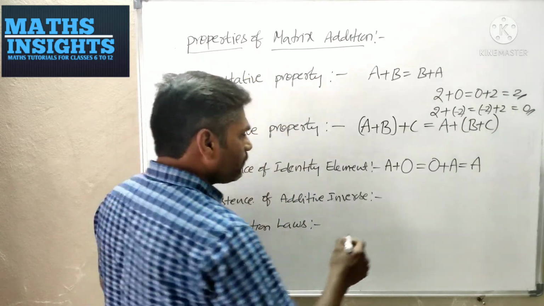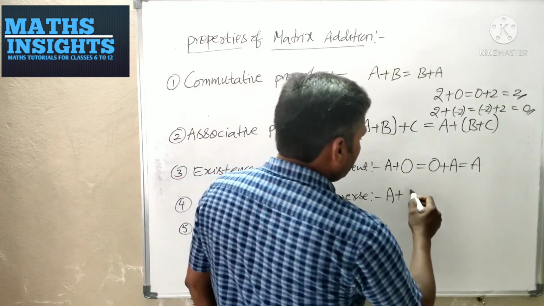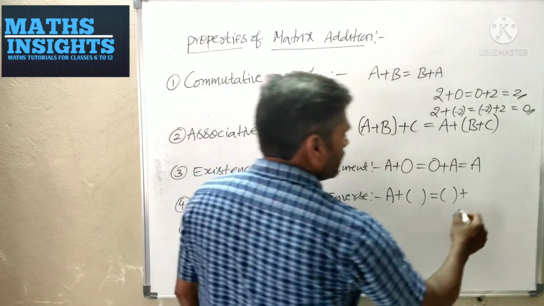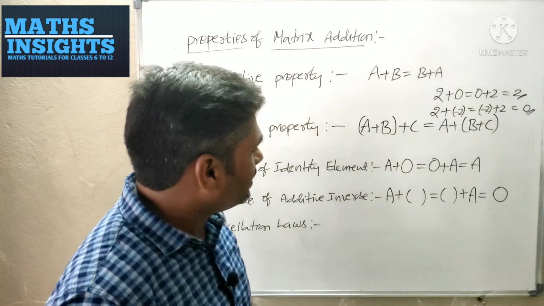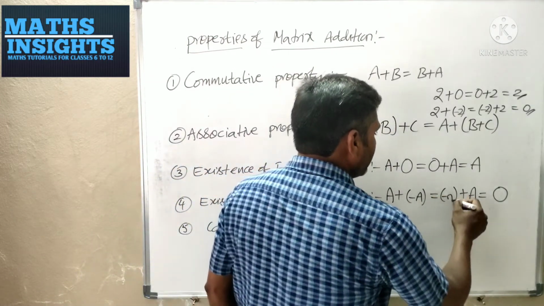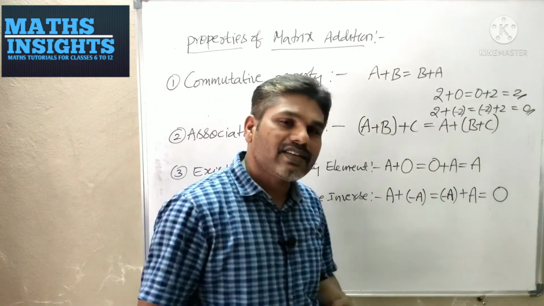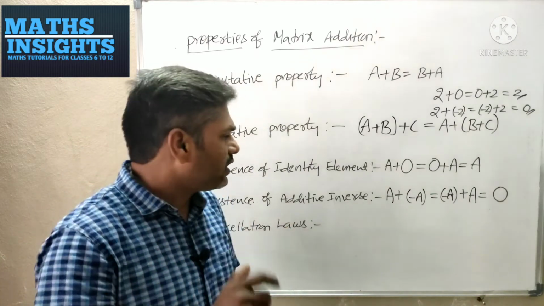Clearly here also, if I take a matrix A and another matrix is added to A, and you have to get back the null matrix, it's clear that minus A is added to A to get the null matrix O. See, minus A is called the additive inverse under addition.